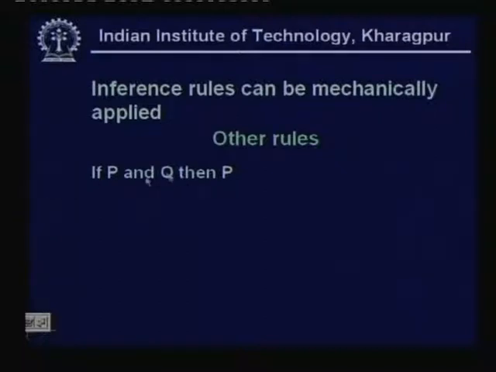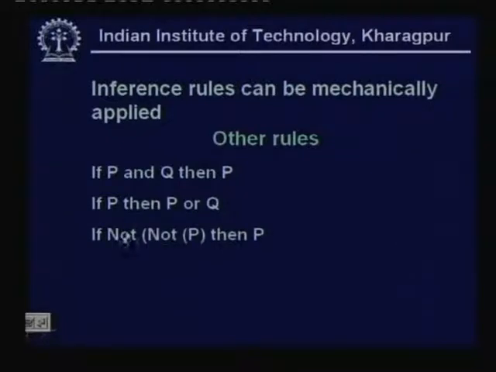If P is true and Q is true, then obviously P is true. Okay? If P is true, then P or Q is true. All right? If not of not P is true, then P is true. It is a double negation, so these two will cancel out each other and then we will get P.